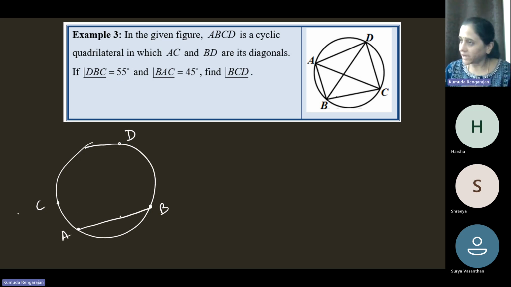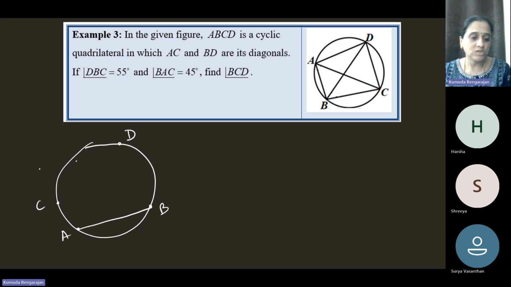AB is the chord which is dividing the circle into two segments. It's because of the chord AB that we have the major segment and the minor segment. So AB is very important. Now C and D are the points on the circumference of the major segment.